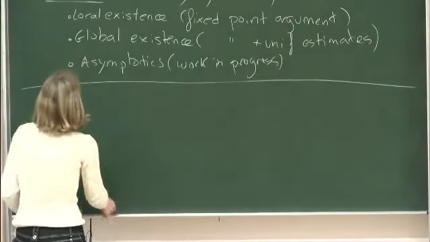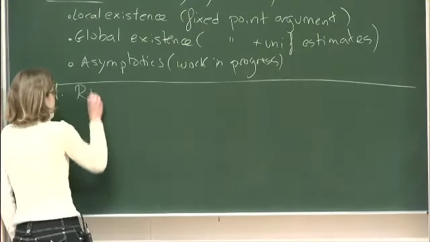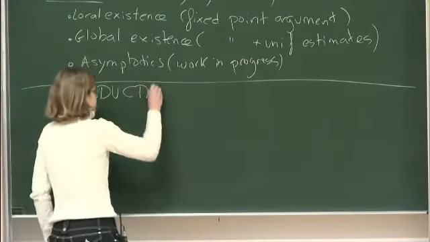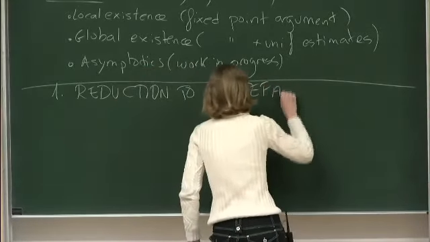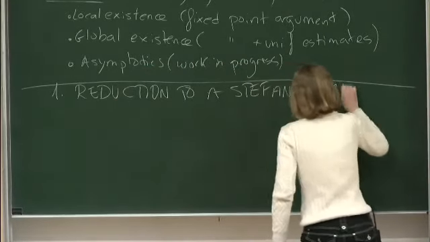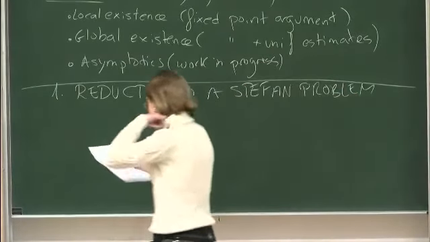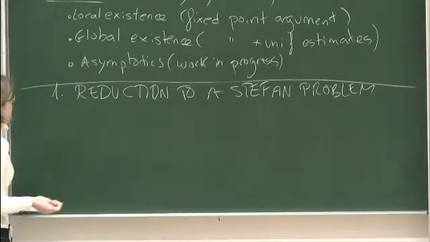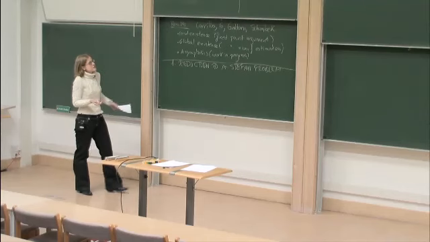The first thing, I'm going to reduce this equation to something that I know how to handle, that is a Stefan problem. At the beginning we didn't know what to do with the equation. So the first idea: this is a Fokker-Planck equation with some other terms.